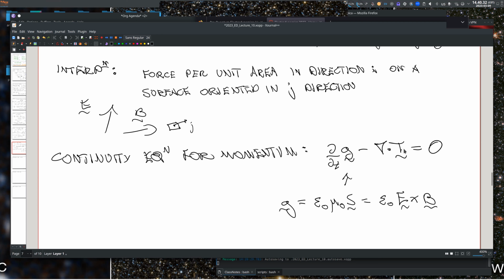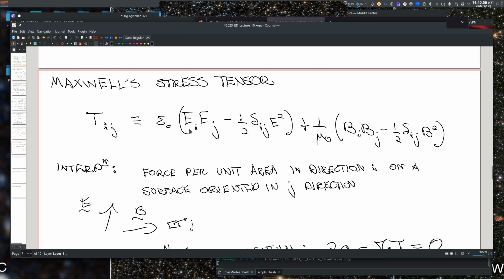And the T here is not just a vector, it's this tensor. So it carries two indices. So then this divergence here acts on one of these indices. So this is really three continuity equations for three orthogonal components of your momentum. Okay, but just mentioning the existence of this before we carry on. But I'm not going to insist on the derivation of this. I mean, you'd be entirely capable of following the derivation.